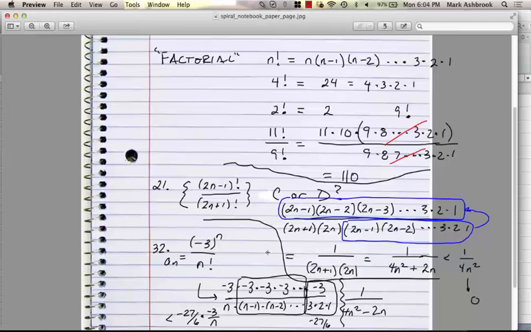So again, since that converges to 0, and the absolute value of ours is always less than the absolute value of that, therefore ours converges to 0. Did you catch that? Does that make sense?